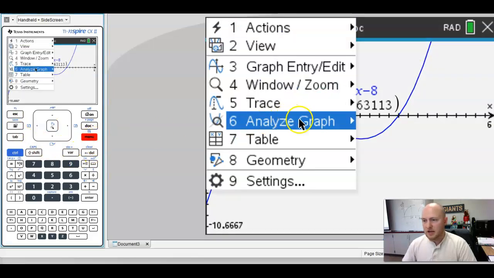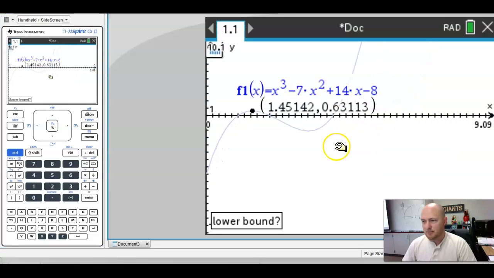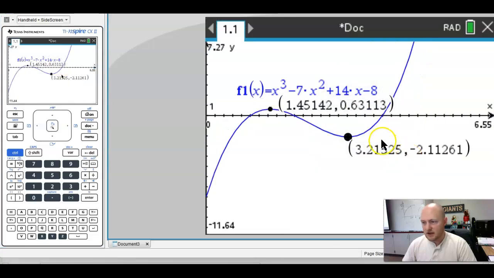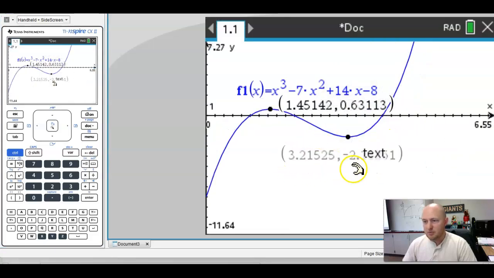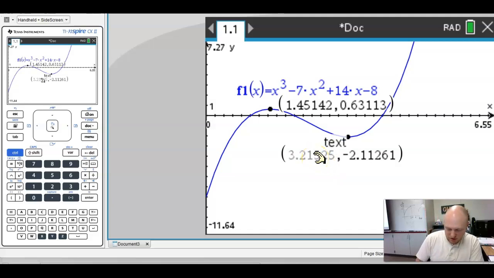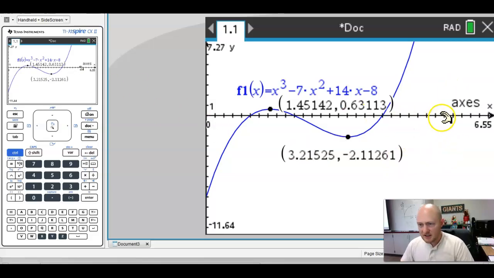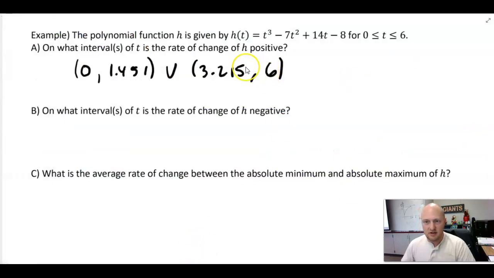So I want to find that minimum, analyze minimum, left, right, and I get 3.215. And then where does this interval end? Well, our domain ends at 6, according to the prompt. So that's where I'm going to end it.